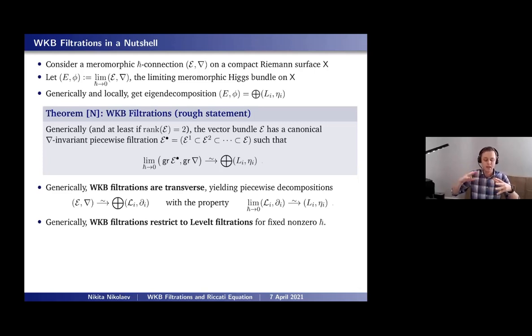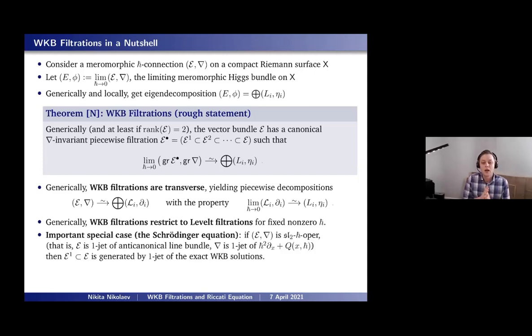So you basically have this WKB filtration on the entire cell, and then in the germ neighborhood of a pole or the Stokes sector, for each fixed value of h bar, you just get an ordinary meromorphic connection, and you can look at the Levelt filtration, and now you can compare the two, and the upshot is that they're the same. So the WKB filtration literally recovers, or restricts to, the Levelt filtration. So that's really neat.